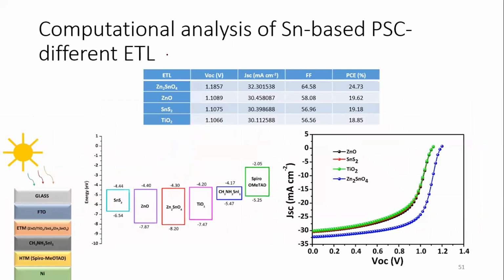He also played with different electron transport layers, and he came up with the finding that out of the different electron transport layers, zinc tin oxide outperforms all the other electron transport materials that he chose to study in this work. The reason is that it has high electron affinity. Because of that, you get better photo conversion efficiency for the system compared to all other systems.